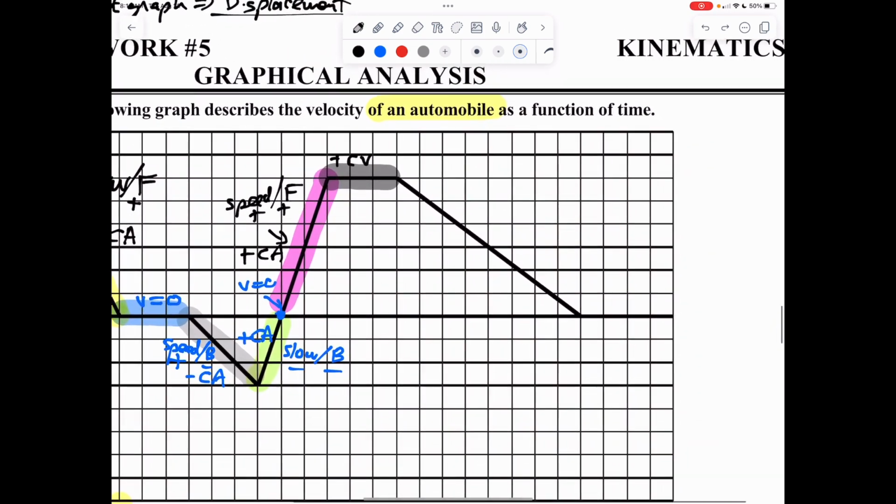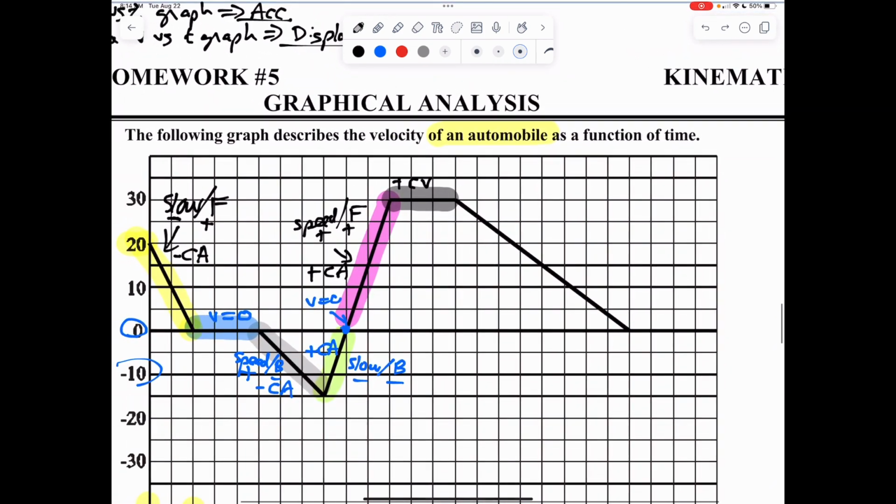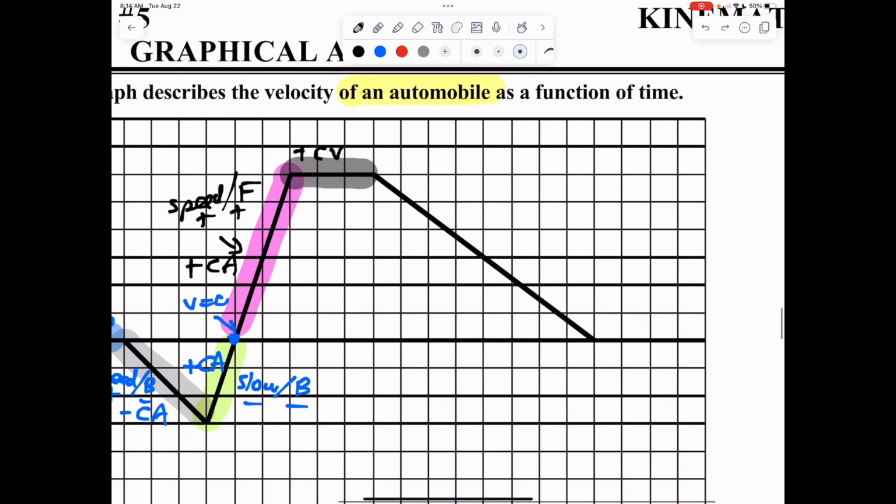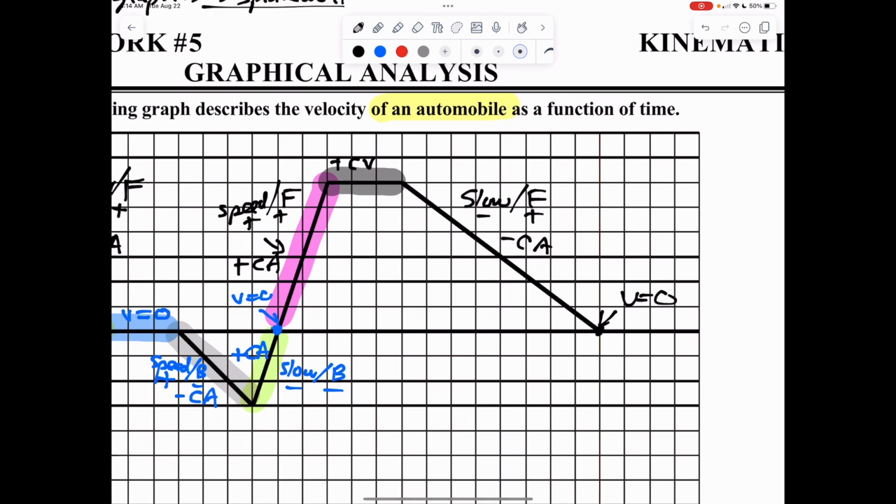Then the speed goes from 30 meters per second back down to 0. So there we are slowing down, but we're going forward. That combination is going to be negative constant acceleration until we stop right here.